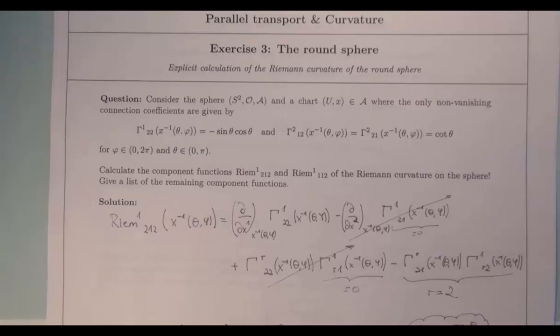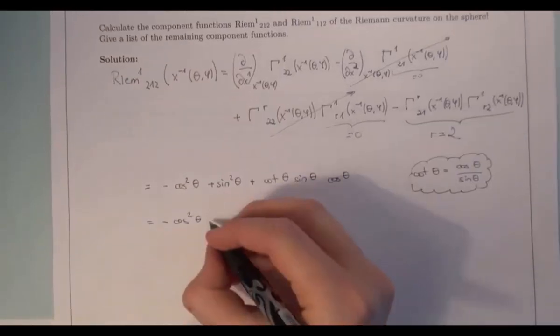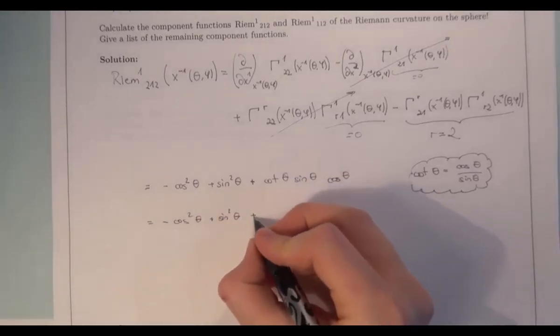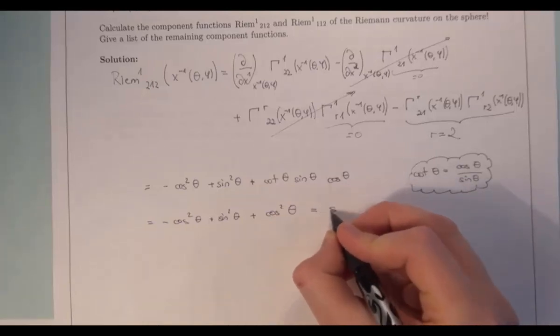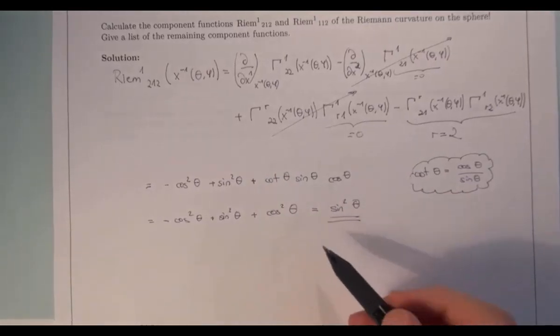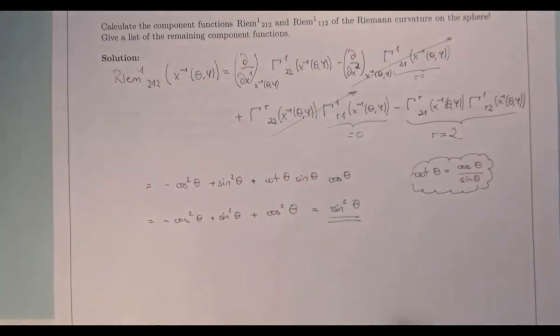We see that the sine theta cancels and we get minus cosine squared theta plus sine squared theta plus cosine squared theta, which is sine squared theta. So the component 1, 2, 1, 2 of the Riemann curvature is sine squared theta.